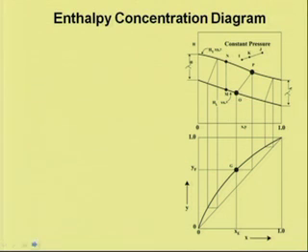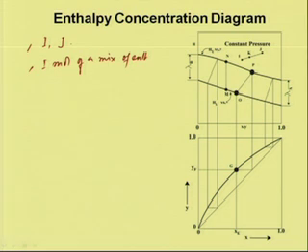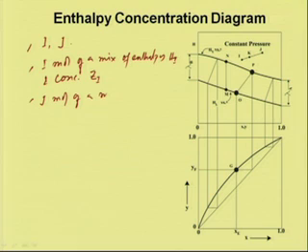Now, let us take two solutions I and J. I represents I mole of a mixture of enthalpy H I and concentration Z I, and J mole of a mixture of enthalpy H j and concentration Z j.